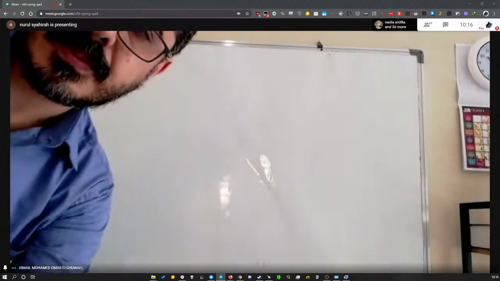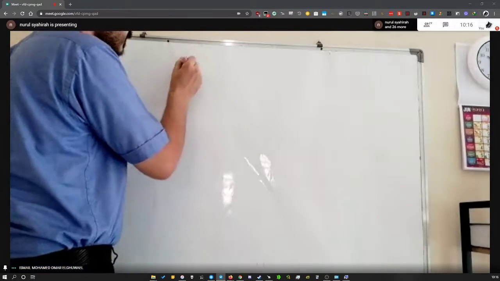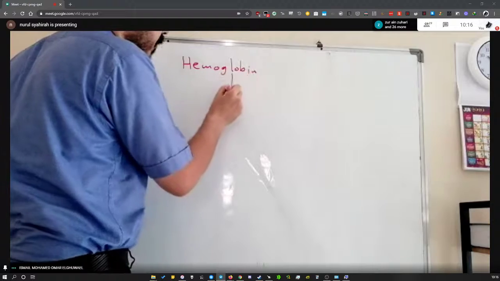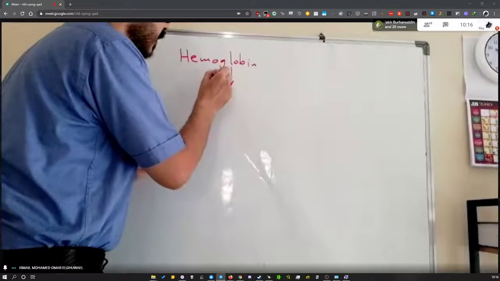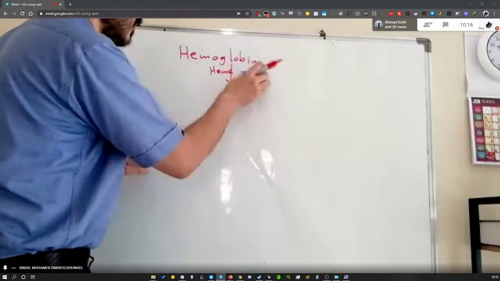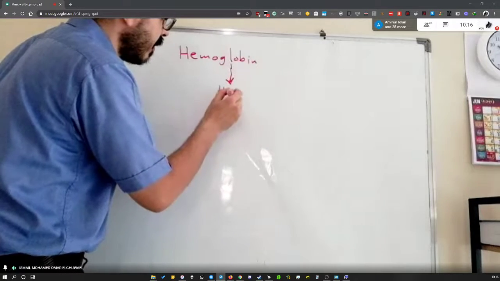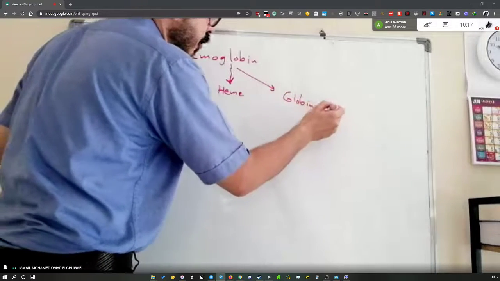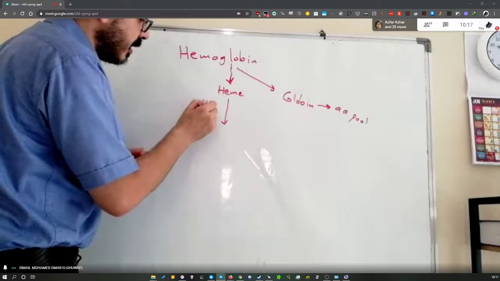Hemoglobin breaks down into heme and globin. The globin goes to the amino acid pool, and the heme goes to the enzyme heme oxygenase.